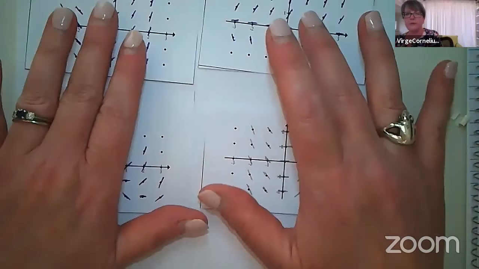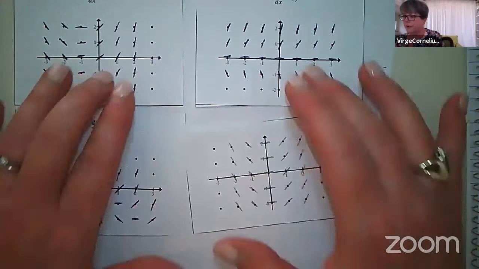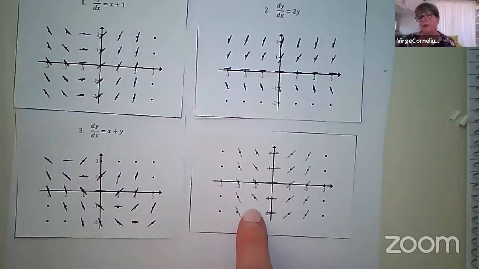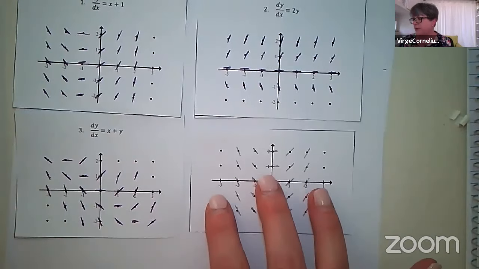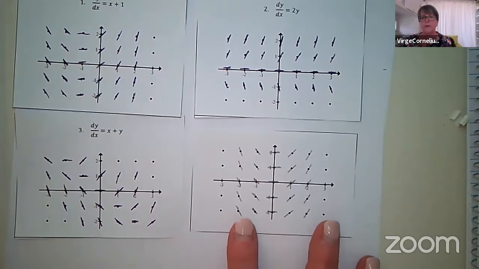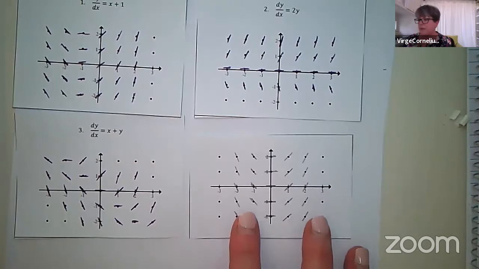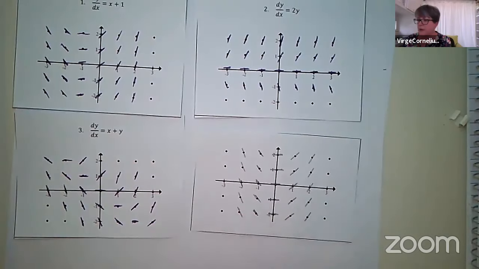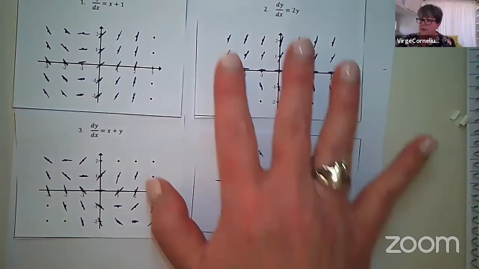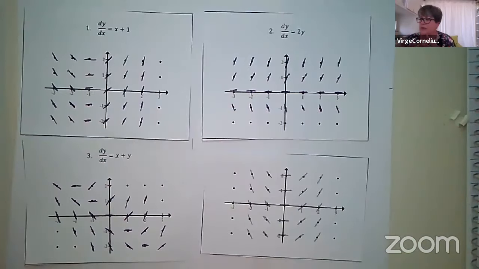Okay. So these are our 4. This is one that I did earlier, just practicing, so you can see it's in pencil, but it's very similar to that. dy/dx equals 2x. So out of these 4, which ones seem to be of the same type or family or same thing going on, just even looking at the pictures, not looking at the differential equations, just looking at the slope fields?